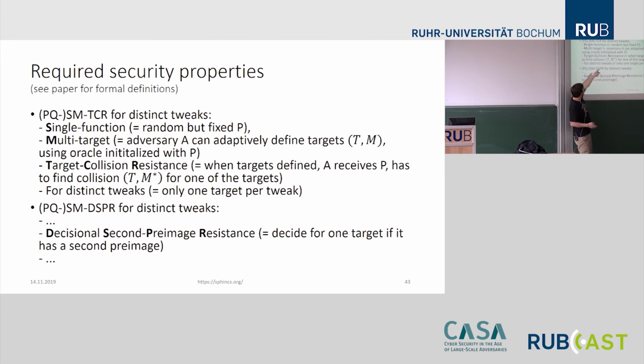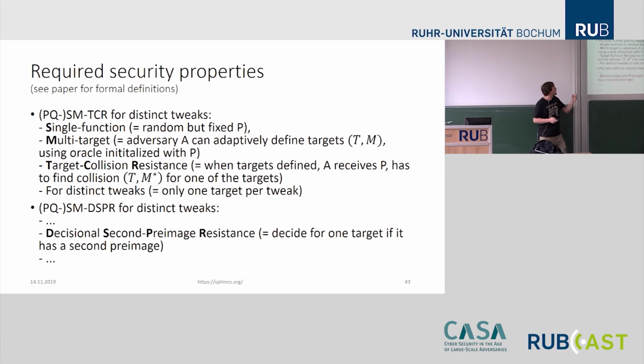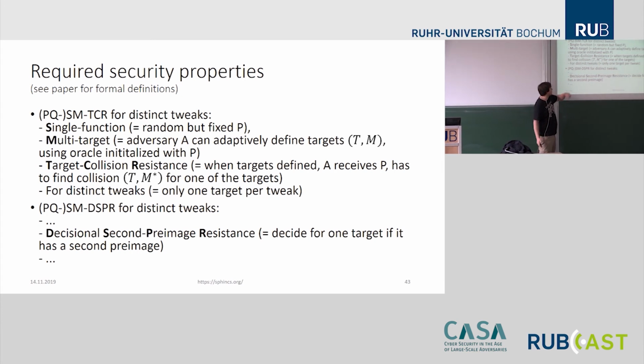And so in our case, the adversary does already get access to the function family, or to the function, but does not know the actual public parameter yet. And so after defining these targets using an oracle, it then receives the public parameters and has to find a collision.